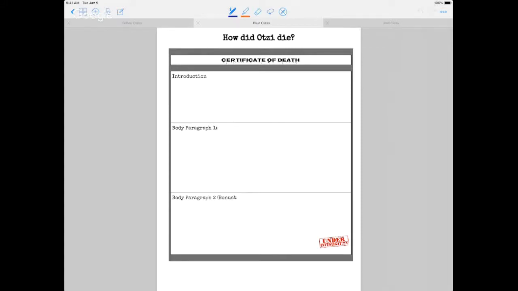You had to create a body paragraph. So you actually only had to write 2 paragraphs. The second body paragraph was for enrichment in case you did finish early, and it gave you an opportunity to practice some more.